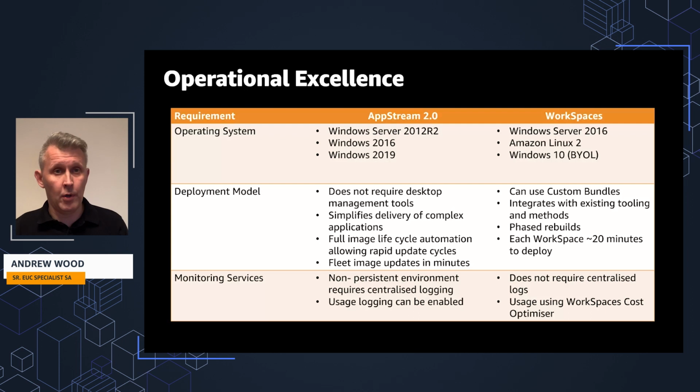So Linux deployments will be WorkSpaces today. Same if you must have Windows 10. Here, with Windows 10 Desktop Edition, you can bring your own license to WorkSpaces. If you must have Server 2019 today, AppStream. Now, if it's Server 2016, you have a choice of either AppStream or WorkSpaces.